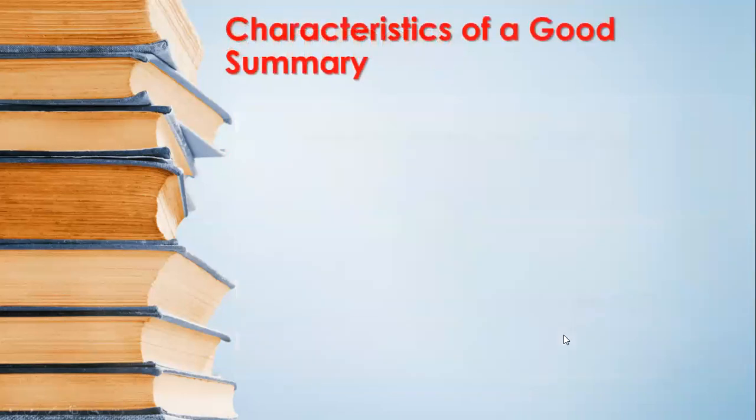Next, what are the characteristics of a good summary? When we are writing a summary, keep in mind that it is not simply just to shorten the longer original text. We also have to keep in mind the characteristics of a good summary.